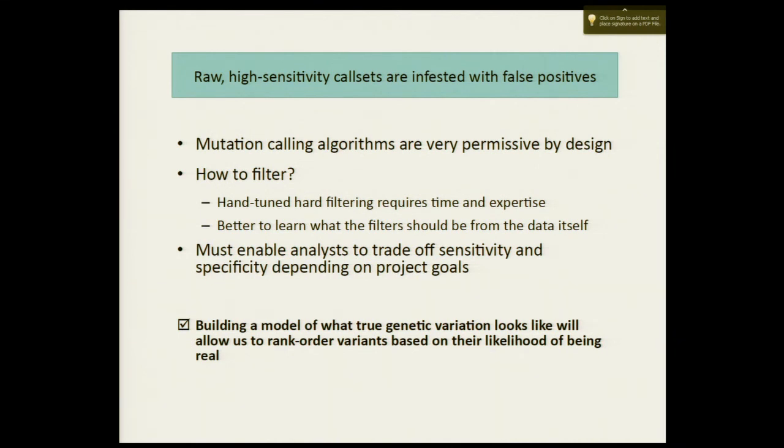Then it's up to the user to decide for themselves whether they want to be more permissive or more specific. As a result, the calls that come out of the unified genotyper and the haplotype caller are infested with false positives, because we don't want to miss anything. It's a high sensitivity call set, so a ton of work has to go into filtering down these call sets into the real ones.